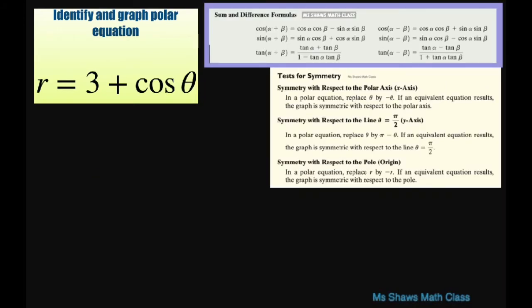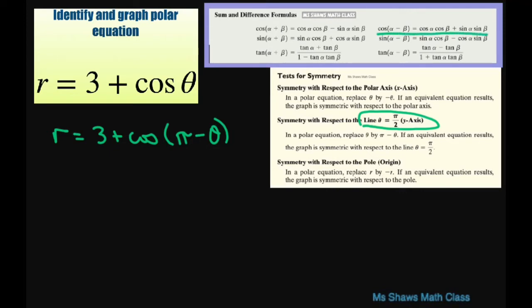Now let's check for symmetry with respect to our y-axis, or the line theta equals pi divided by 2. For this, we just substitute in our theta with pi minus theta. Then we use our difference formulas for cosine and evaluate that.